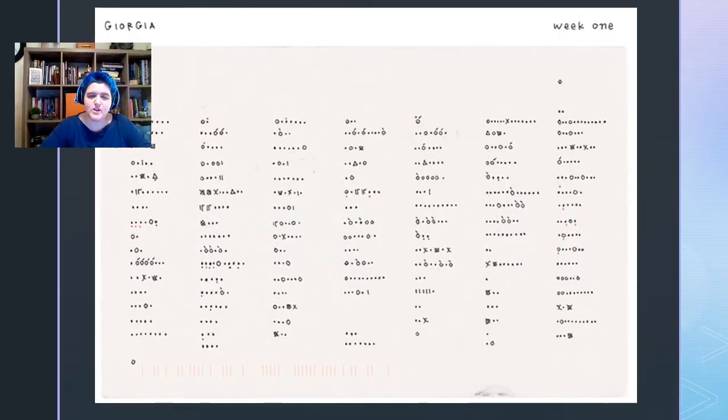Here is an example of a data visualization from the book Dear Data by Georgia Lupi and Stephanie Posavec. And we will find out what it means in a little bit. But this is one data visualization. It makes no sense because we don't have the key.